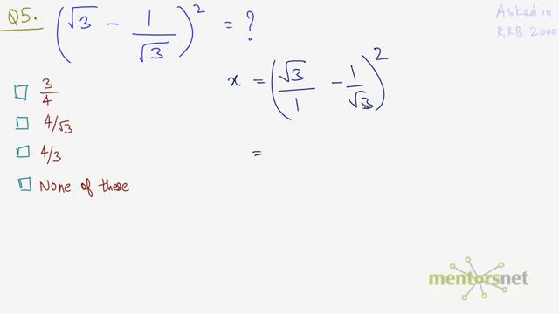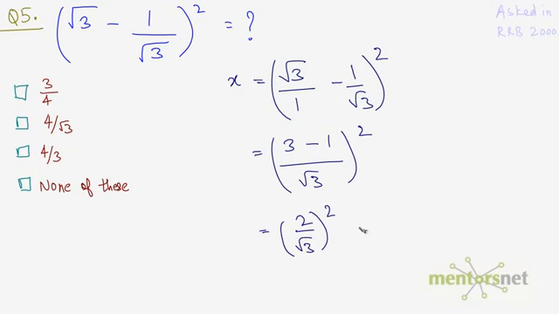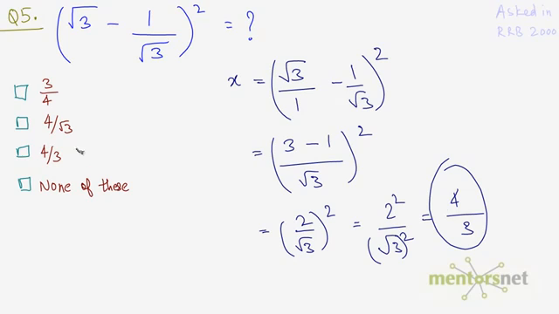So it is equal to root 3 times root 3 is 3 minus 1 times 1 is 1 upon root 3 the whole square, which is equal to 2 by root 3 square, which is equal to 2 square upon root 3 square, and it is equal to 4. 2 square is 4, root 3 square is 3. So the answer is 4 by 3.